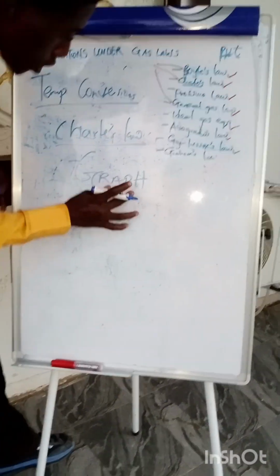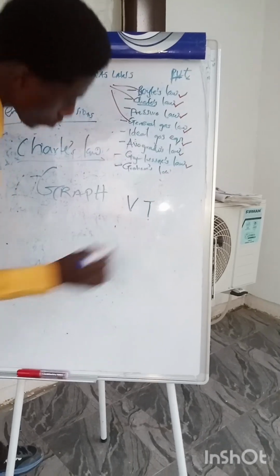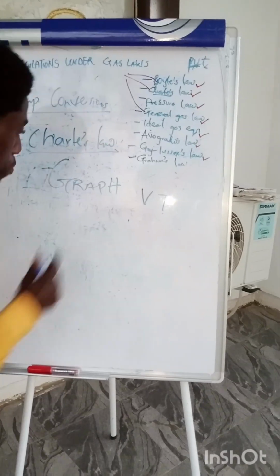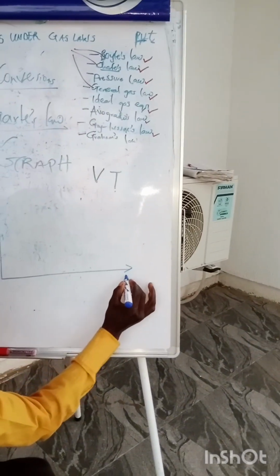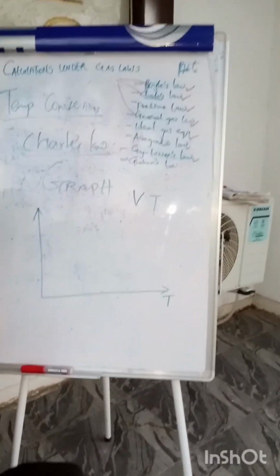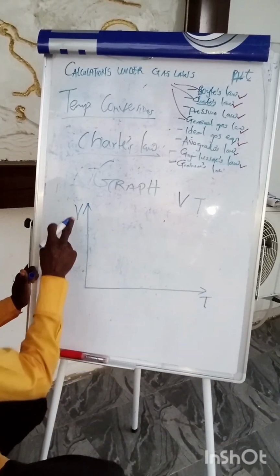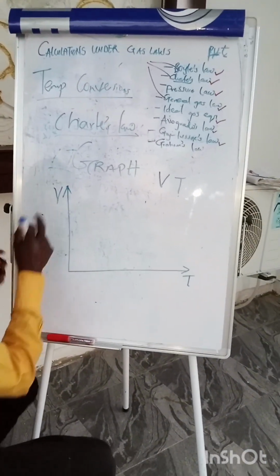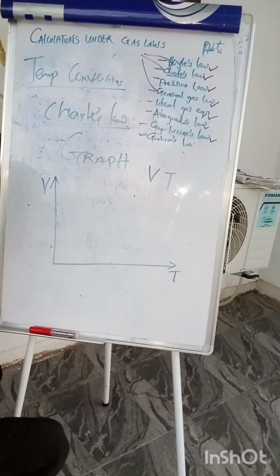Under Charles law, we have our V directly proportional to T. Now the graph would always be V against T. That's the very first thing you check under that option: the volume of a fixed mass of a gas is directly proportional to the T. Are you guys getting it?